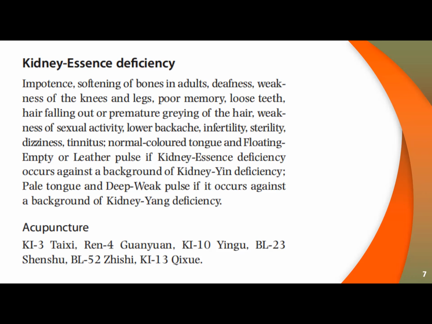Pale tongue and deep weak pulse if it occurs against a background of kidney yang deficiency. The acupuncture used here is kidney 3, REN 4, kidney 10, bladder 23, bladder 52, and kidney 13.